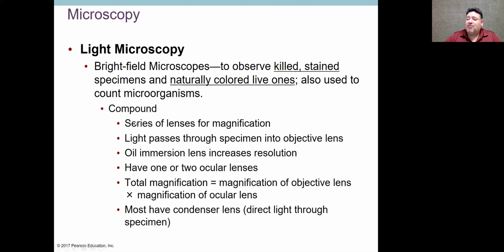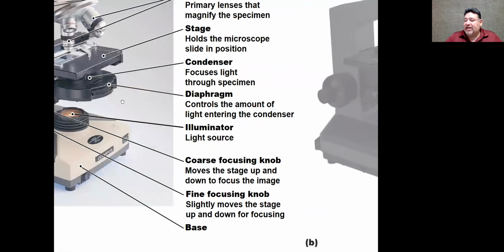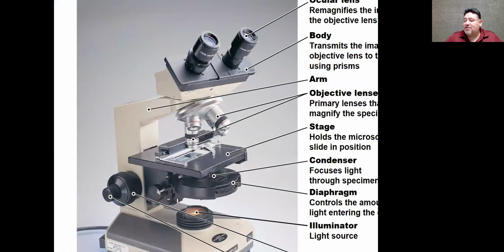Okay. What else do we know? It takes a series of lenses for magnification. On a typical microscope for microbiology, we use an objective that is 100x, and we use an ocular that's 10x. What does that mean? Well, if we look at a microscope here, here's our objectives down here, and here's our oculars.